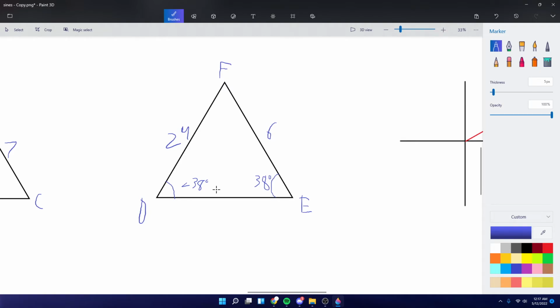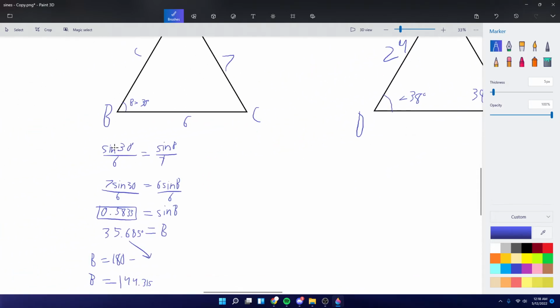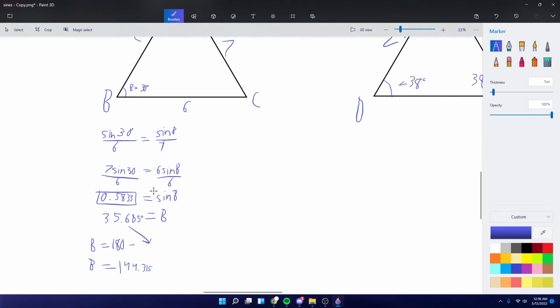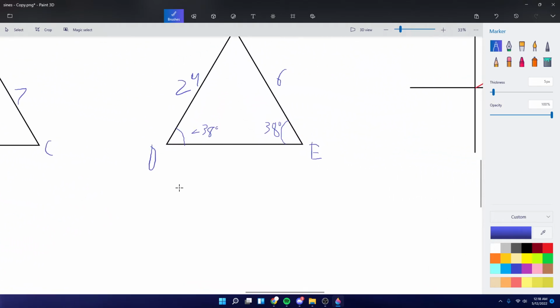Alright, so now we're going to use almost the same strategy as before, except up until this point here. So I'm just going to speed through that.